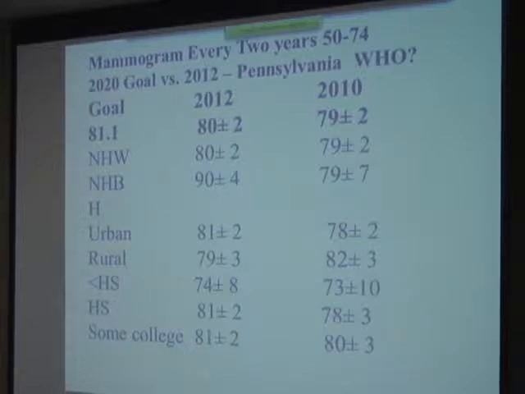And let's see if it holds up next time. That would be my concern, because 79 to 90 is a huge jump, and that is statistically different. These are percentages of women reporting that indeed women aged 50 to 74 got a mammogram, okay? Hispanic data is not there yet. We'll just say yet. But they haven't broken that out yet for this goal.